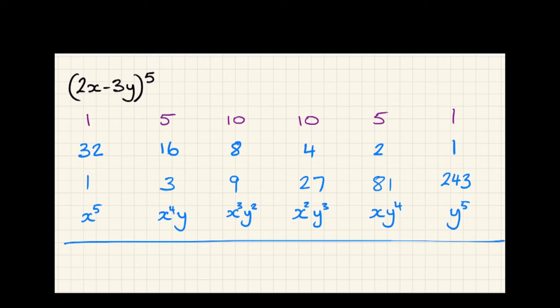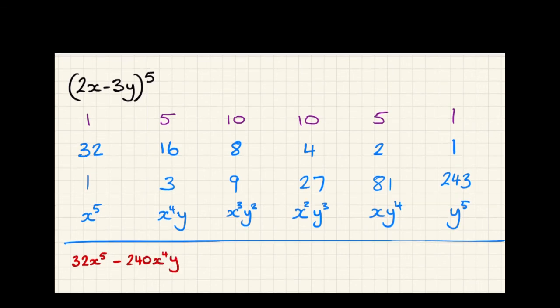So 32x to the 5th is the first term, but now I've got that minus sign coming in because the minus 3y is coming for the first time into the second term. So I will work out 5 times 16 times 3 times x to the 4y, but there's a minus sign in front of it. Now the next term, the minus sort of cancels itself out because it's being squared.